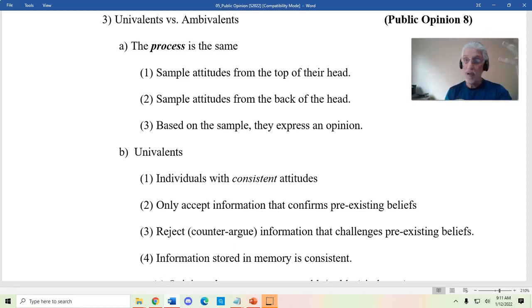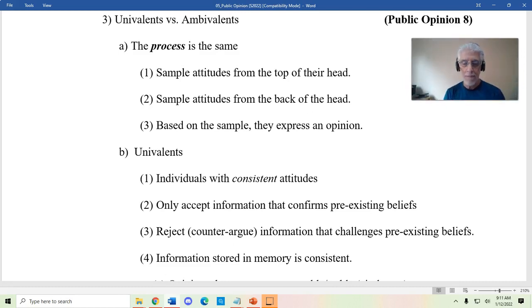Or they can have predominantly negative attitudes in the top of the head and the back of the head, right? That's what characterizes univalence: if we were able to see inside their heads, we would notice that they lean strongly in one direction or the other.